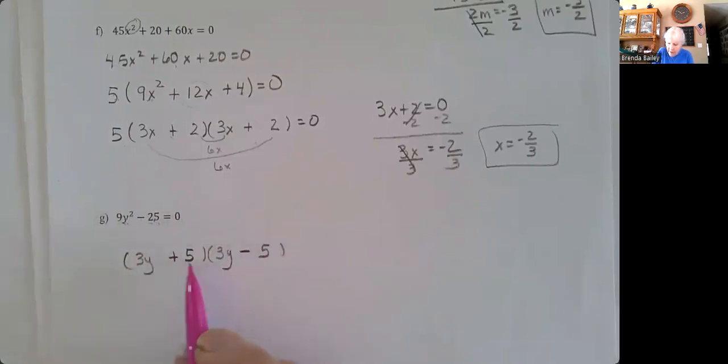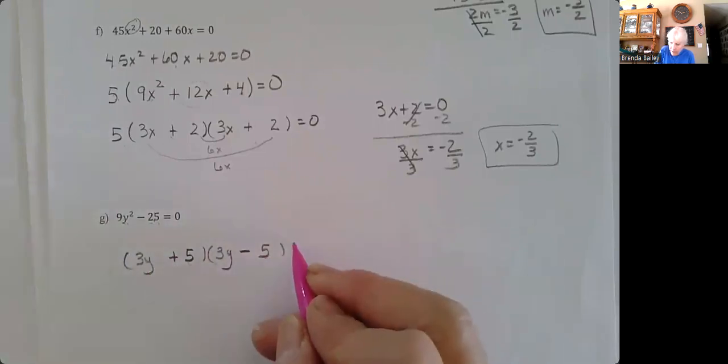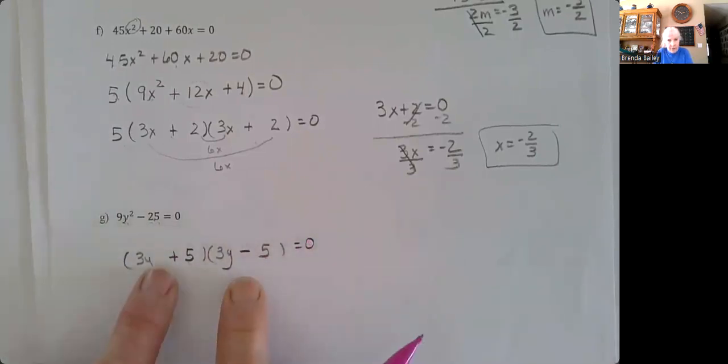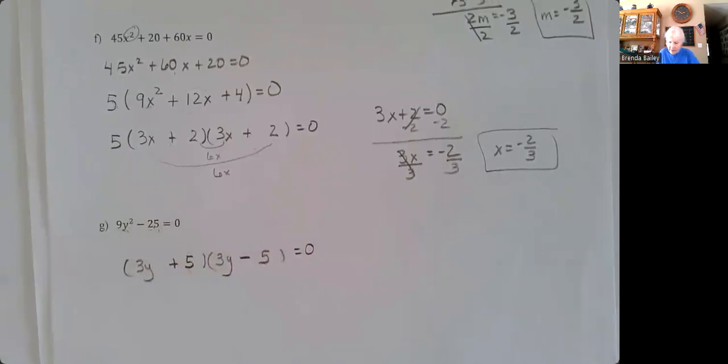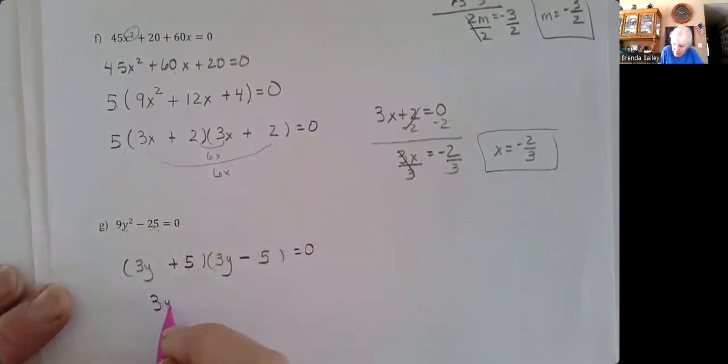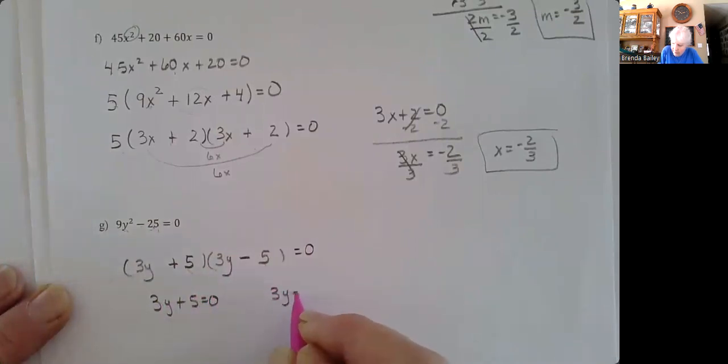Positive 15y and a negative 15y is 0. Okay, so now you set both of those equal to 0 and see what you have. So we have 3y. Either the first number will be 0 or the second number will be 0. And you solve it.